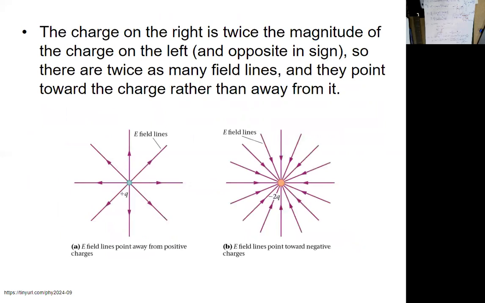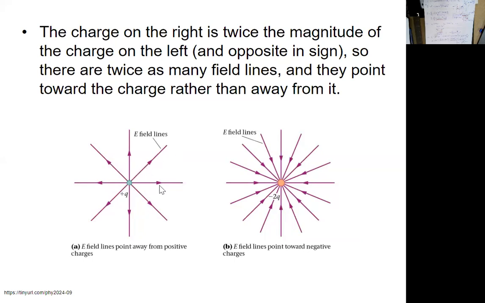So for example, the electric field produced by a point charge, a positive point charge, okay? So you'll see that at any given point, you can see where the direction of the field will be, okay? So indicated by the arrow on the electric field lines, okay? And if this is a positive charge, the field will point away from the charge, okay?